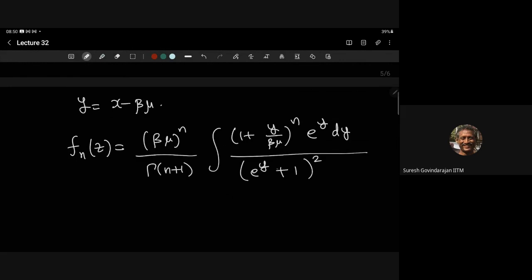You take y to minus y. So for this integrand, y goes to minus y is a symmetry. This term will flip.